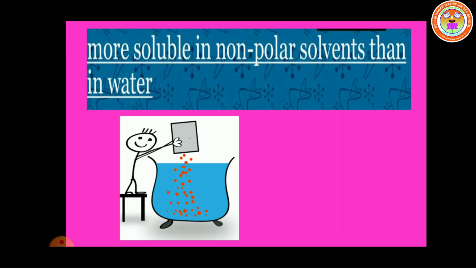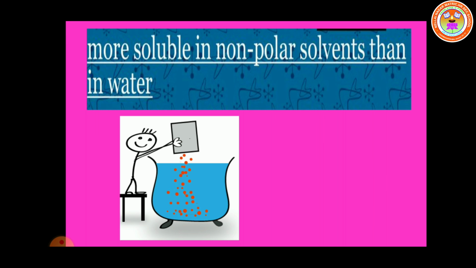Polar solvents are solvents containing charged particles, that means positive and negative charged particles. Because we know water can split into H plus ion and OH minus ion, the hydroxide ion. So it contains charged particles, H plus and OH minus. Solvents with an absence of charged particles are called non-polar solvents.